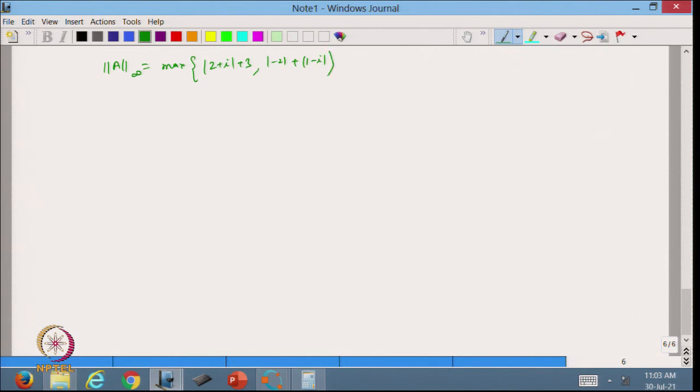Again I am taking the maximum value. So, it is root 5 plus 3, and the other is 2 plus root 2 obviously. So, this value, 3 plus root 5, is my infinity norm.